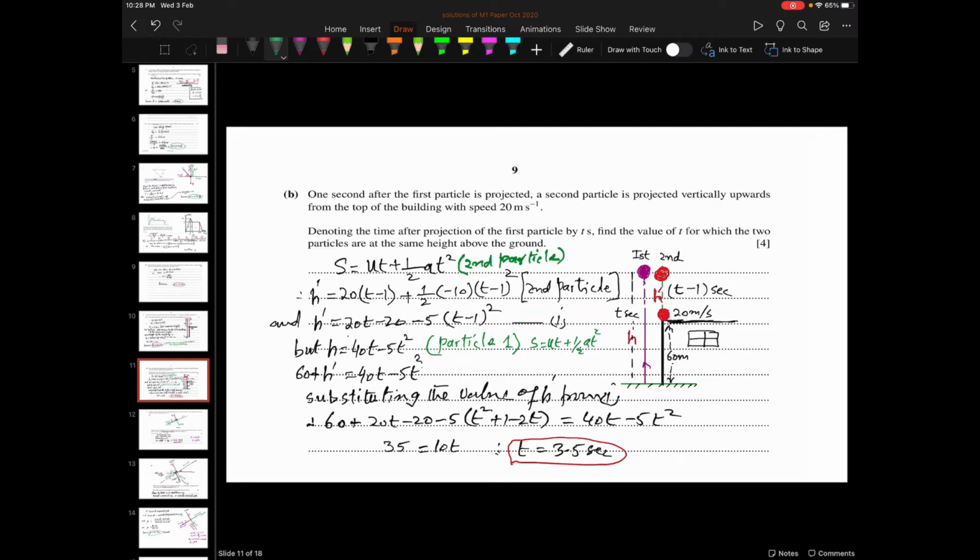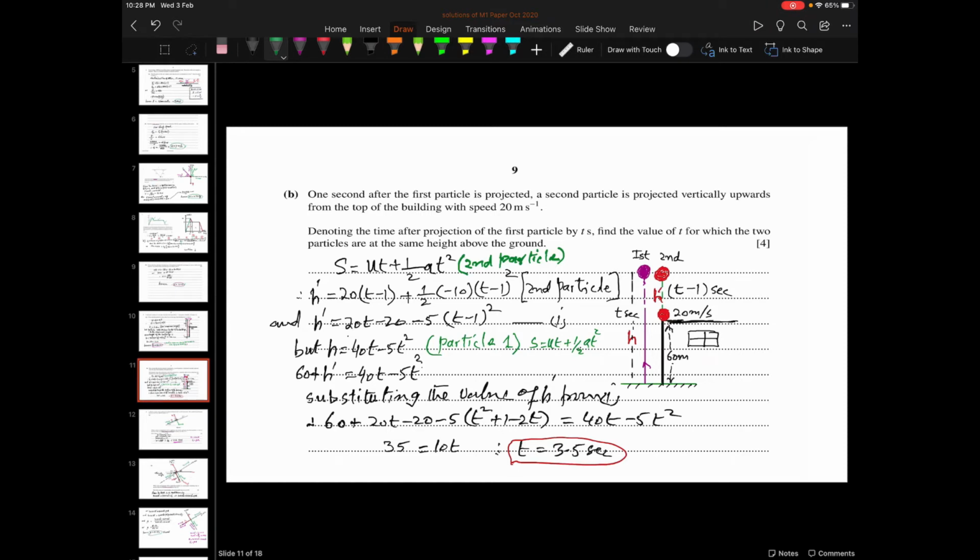Therefore, substitute the value of h in the equation. We have 60 plus h dash is equal to 40t minus 5t square, because the value of h is equal to 60 plus h dash as shown in the figure. Substitute the value of h dash from equation 1.